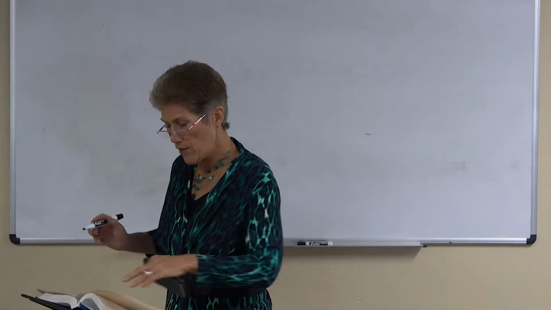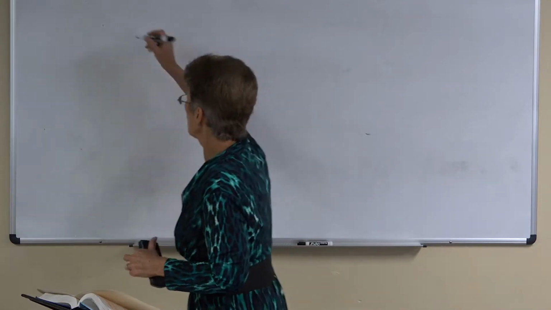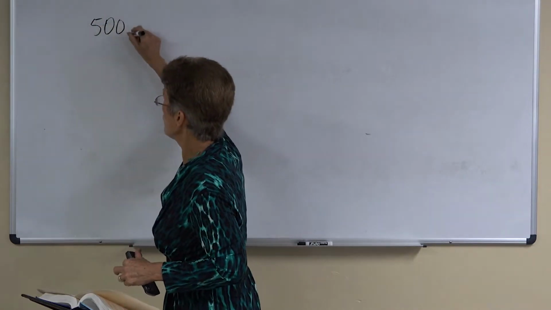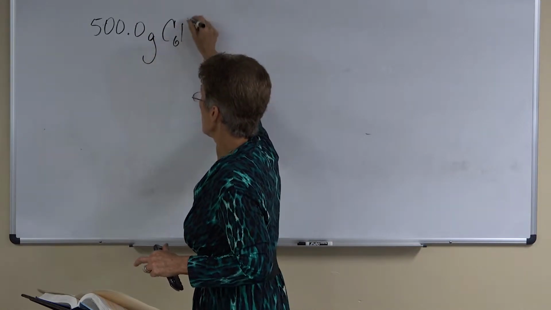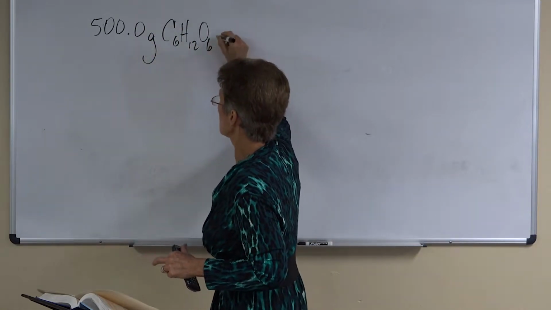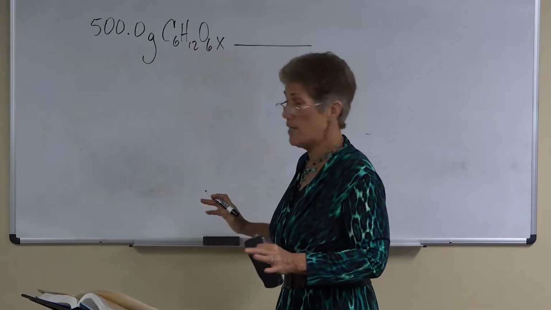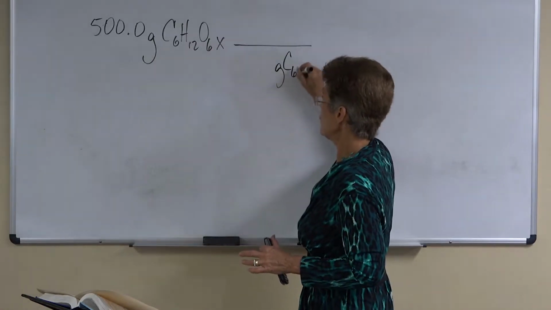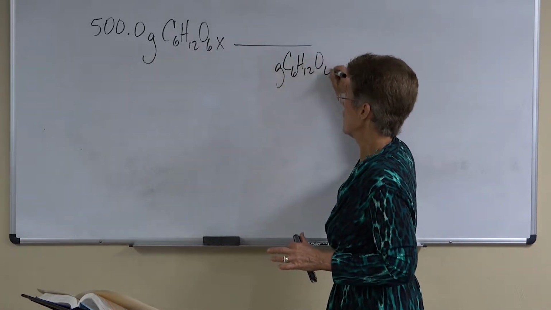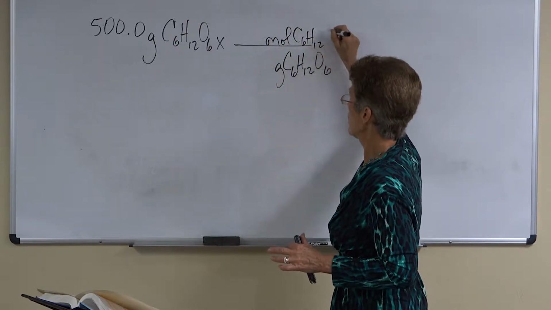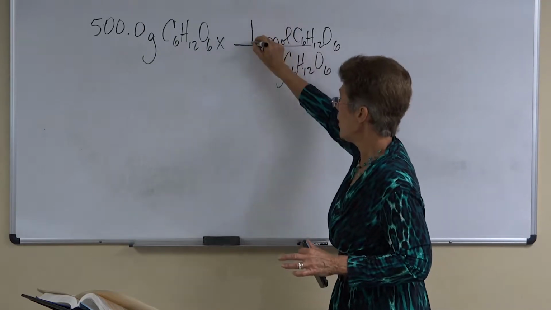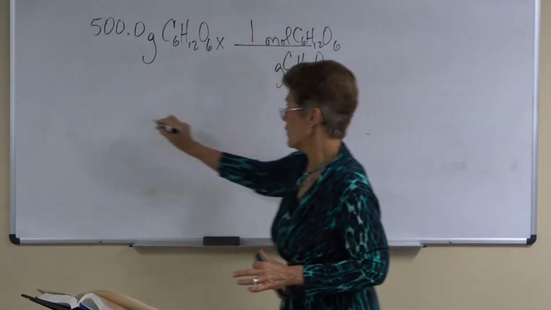The next one is 500 grams of glucose. So we have 500.0 grams of glucose, C6H12O6, times line. We want to know how many moles, so we're going to put grams of glucose down here and moles of glucose up here. We know that in every 1 mole, we have 6 carbons.